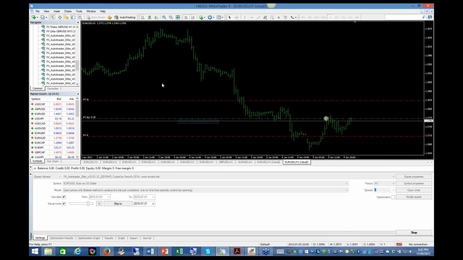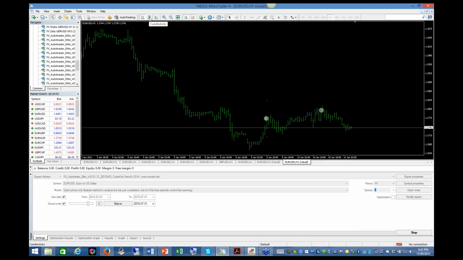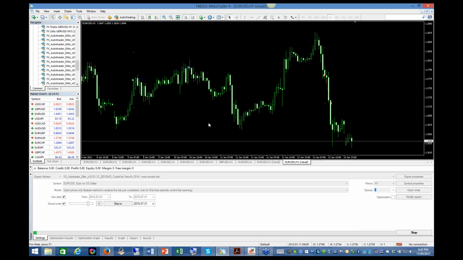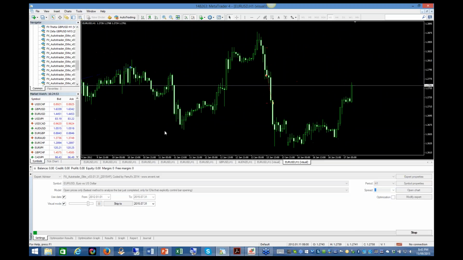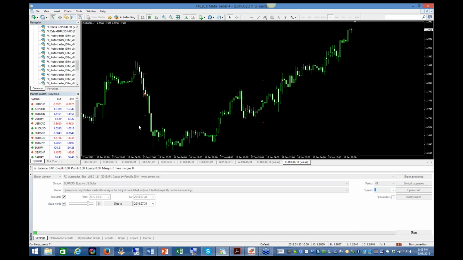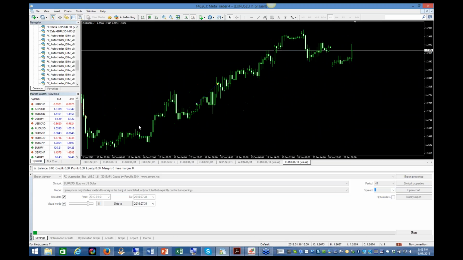Let's get rid of the grid. I think it's useful from time to time to run through a chart like this and just get a feel for how dynamic currencies are.